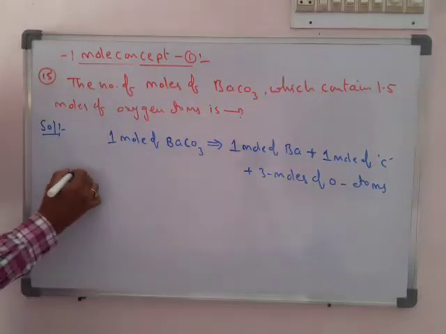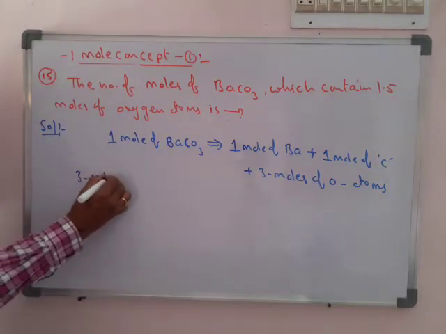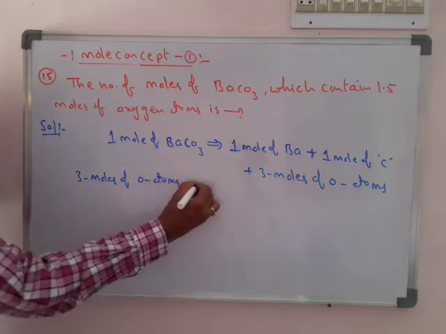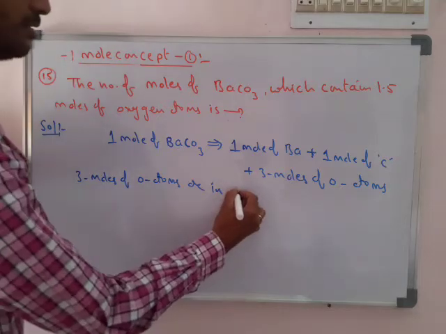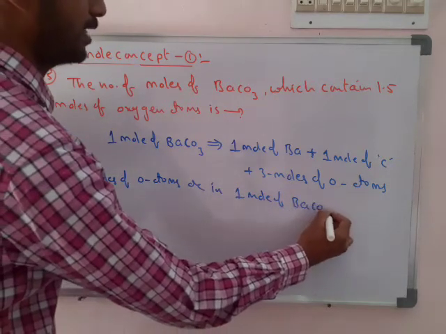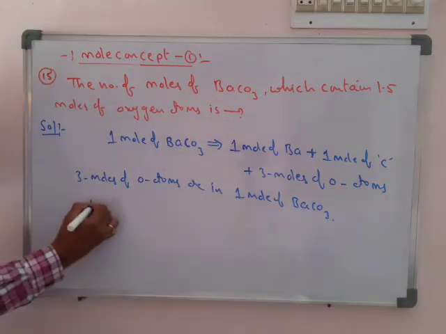Let's write this exactly in reverse. 3 moles of oxygen atoms are present in 1 mole of barium carbonate. Then what about 1.5 moles?